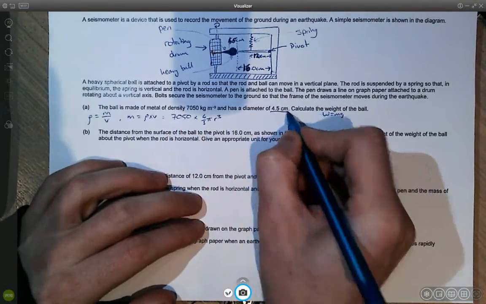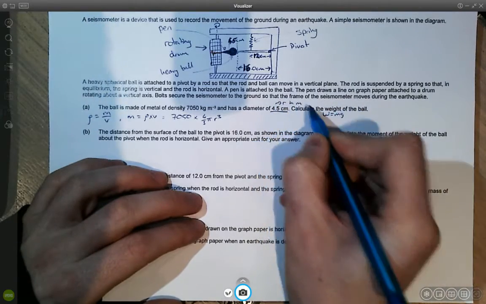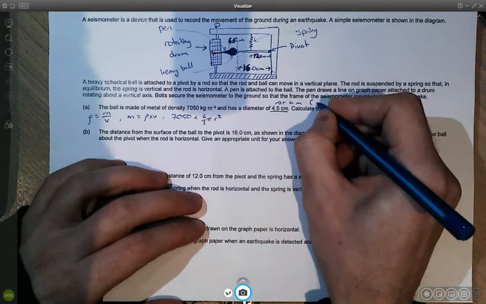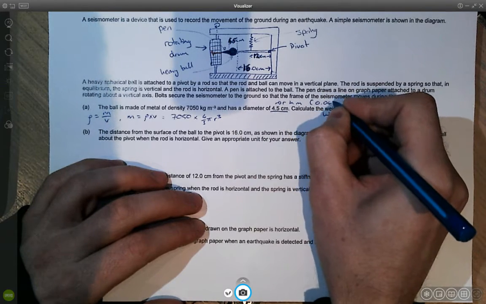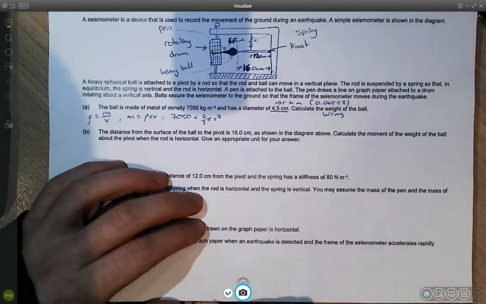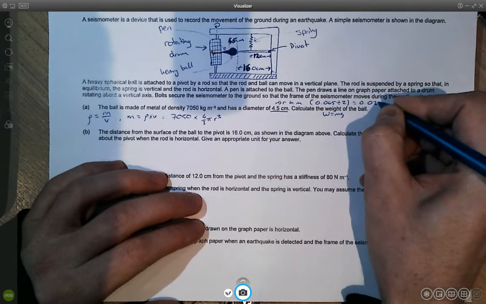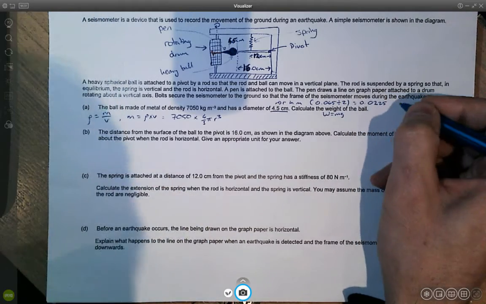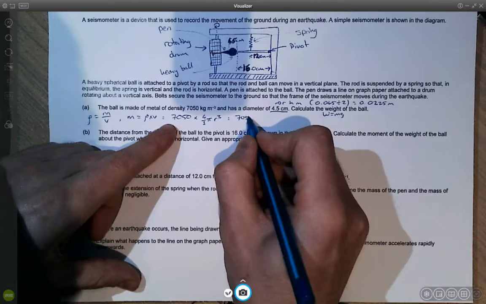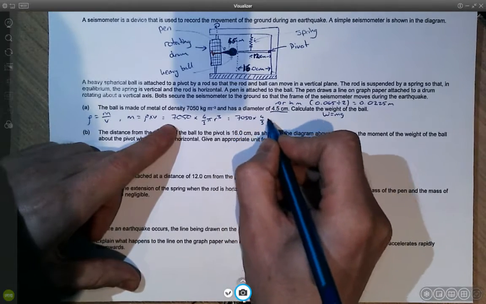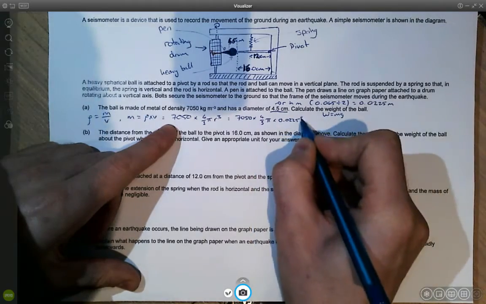And this is the diameter, so we need the radius in meters, which is 0.045 divided by 2, which is 0.0225 meters. So this is going to be 7050 times 4/3 pi times by 0.0225 cubed.